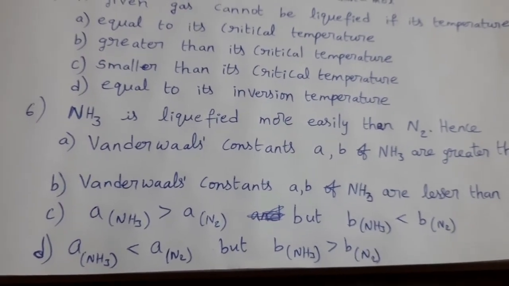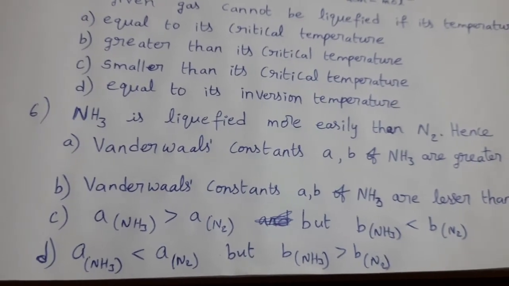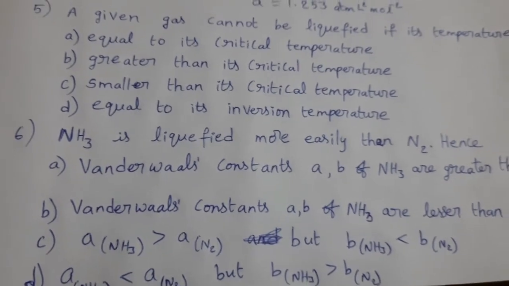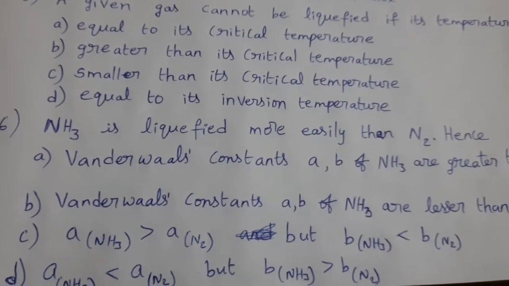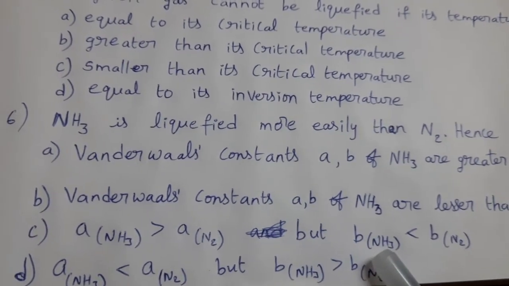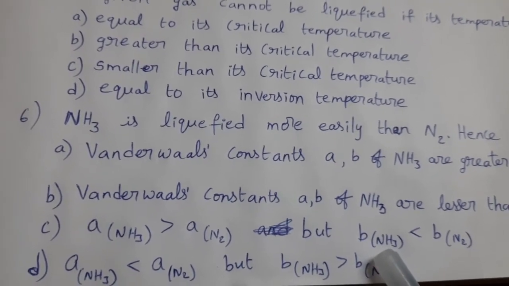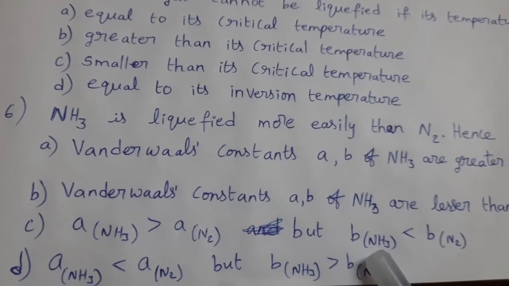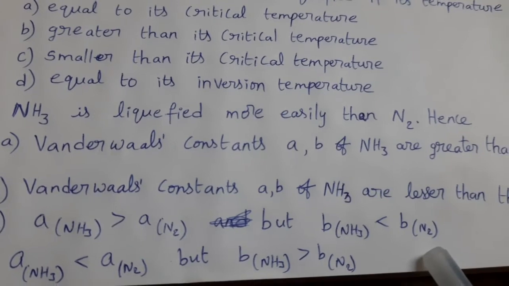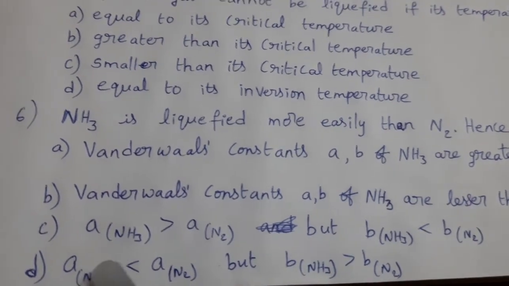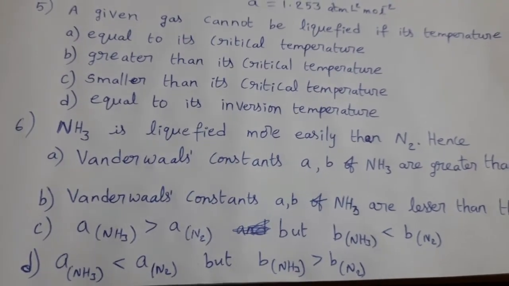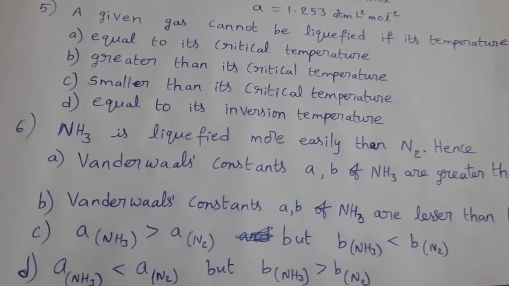The gas molecules which have less size, they can be compressed easily, then they can be liquefied easily. So effective size is less means B value is less. Here NH3 is easily liquefiable. Easily liquefied gas means its B value is smaller than N2. So option C is the correct option for this question.